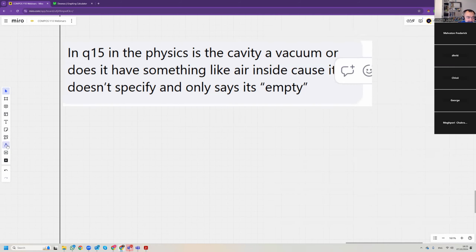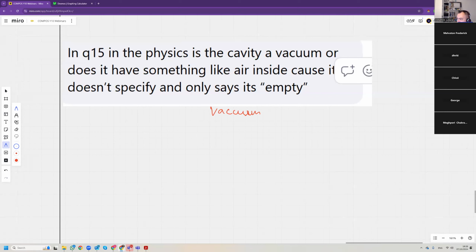Air is so not dense compared to aluminium. It's literally 2,700 times less dense than aluminium. So, yeah, vacuum. Let's go with vacuum. Thank you. That makes sense.